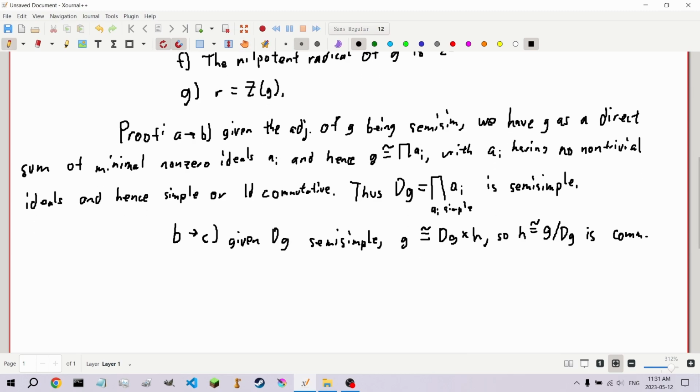Alright, now we're given that G is the product of a semi-simple and a commutative algebra, and we want that it has a finite dimensional representation with a non-degenerate bilinear form.